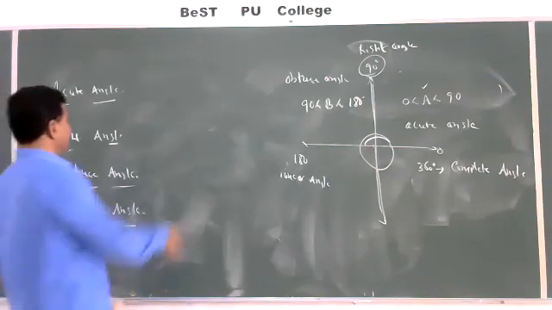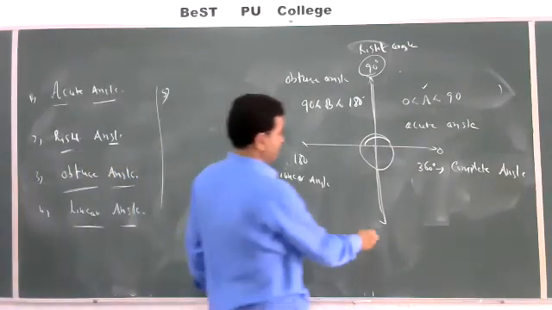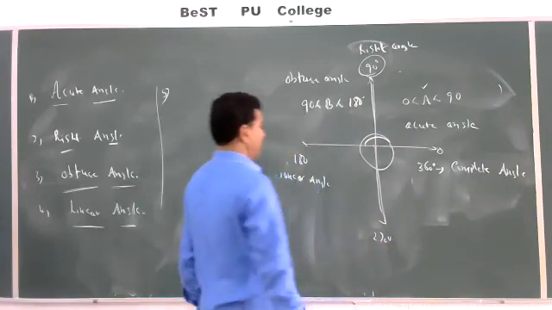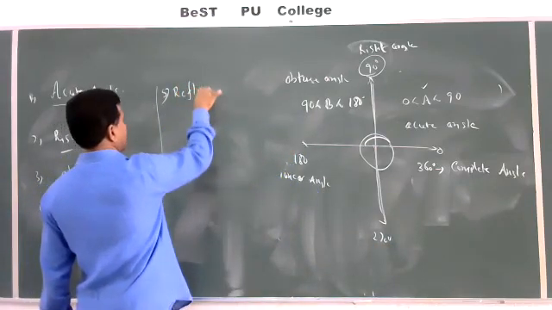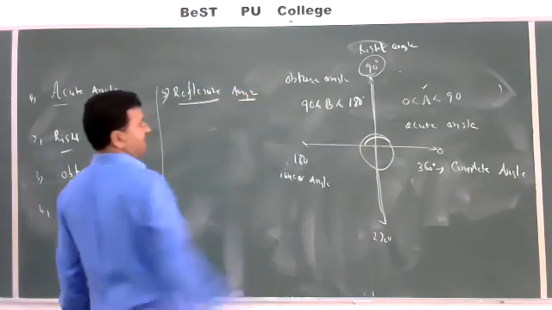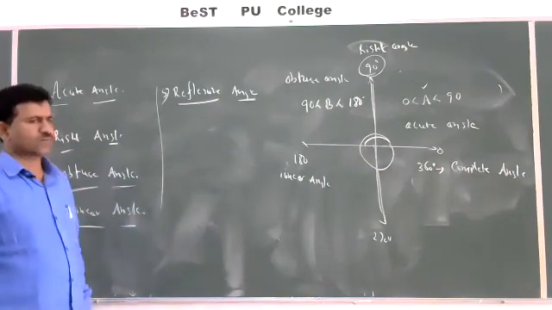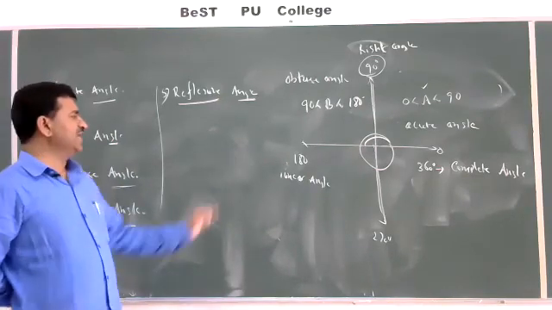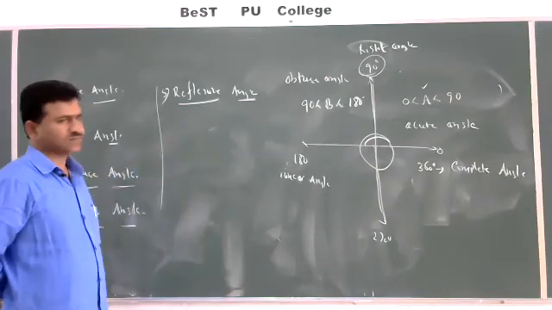Next, one more note on reflexive angle, 270 degrees. The measurement of the angle is 270 degrees, is called a reflexive angle.